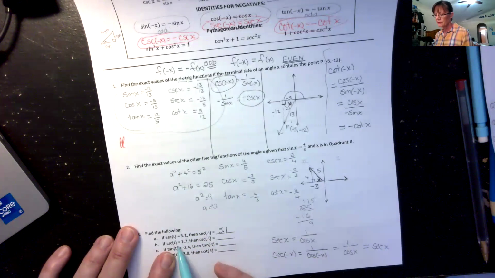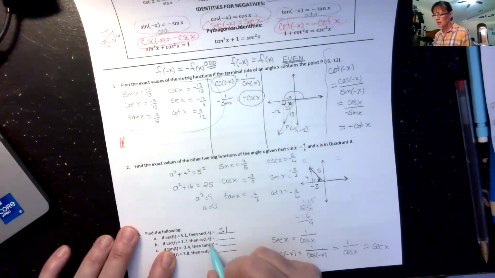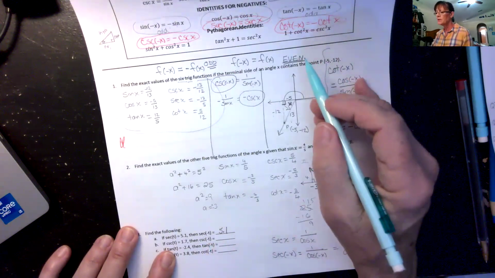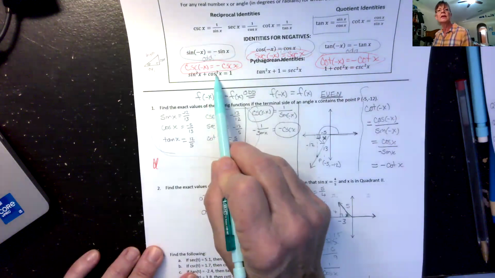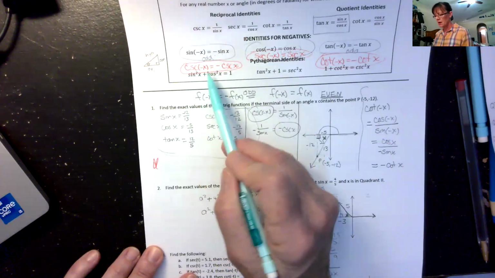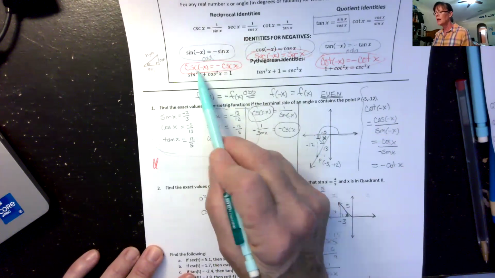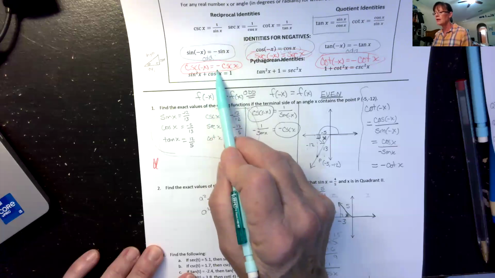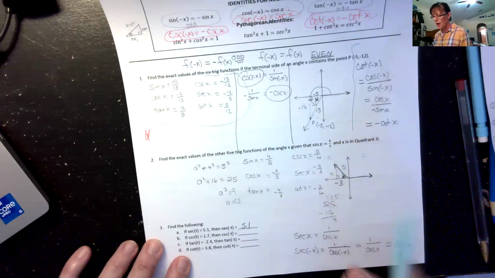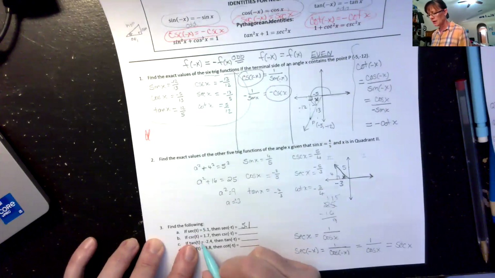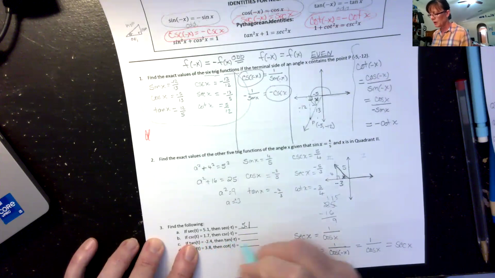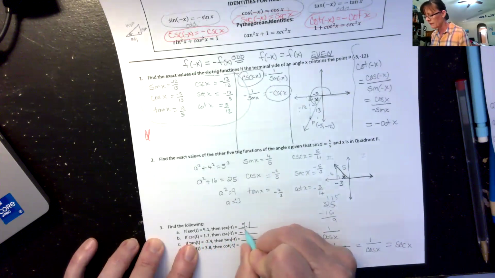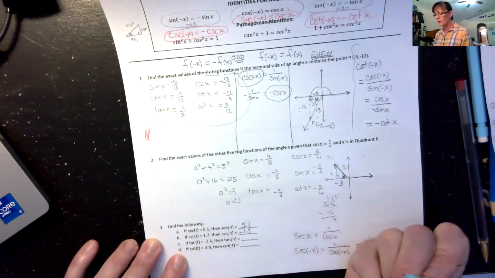The cosecant of t is 1.7. Then the cosecant of negative t, what will that be? Well, we have developed this identity here, which says that if you put in the opposite of the angle, it ends up being the negative of the regular angle. So if the cosecant of t is 1.7, then the cosecant of negative t would be the opposite of 1.7. So that's how that works.